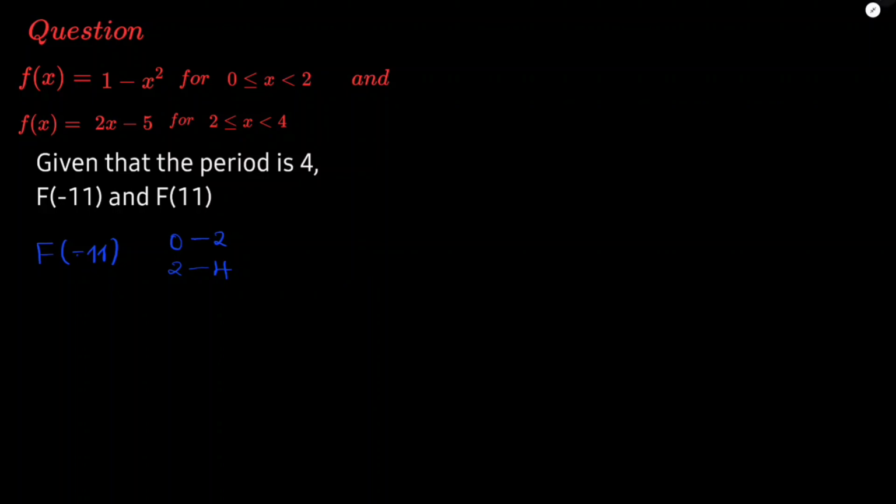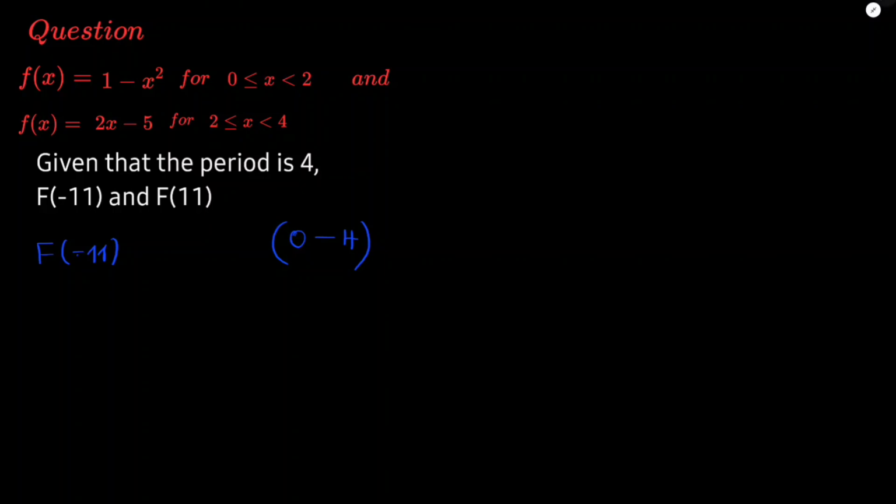So our total range is from 0 to 4. Let's take note of that. But let's look at minus 11. Minus 11 is not in our range. So we are going to look for another way to solve this.